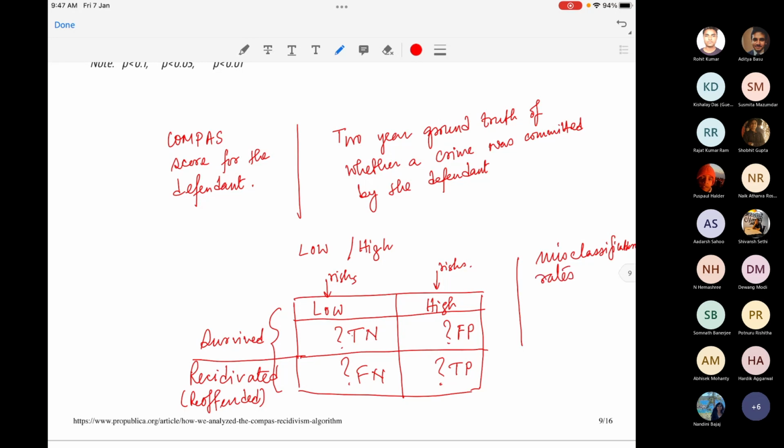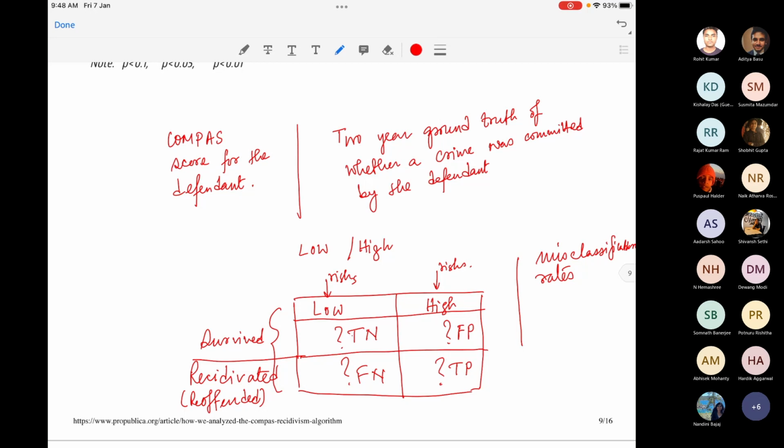Why do you think misclassification rates are important? That means unjust treatment of a group is being done. Exactly. There is a saying about false conviction, right? Some of you might know it. What is that saying? If in order to save one innocent, you have to release 20 offenders, that is acceptable.